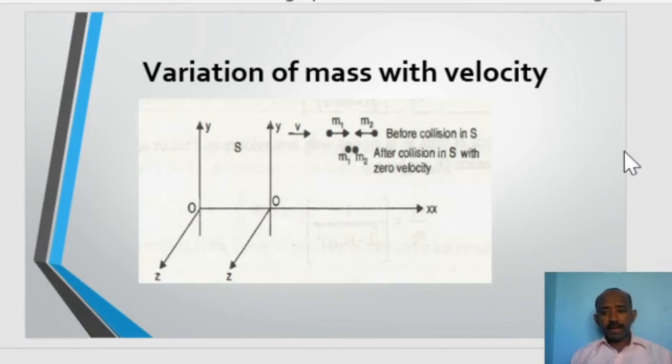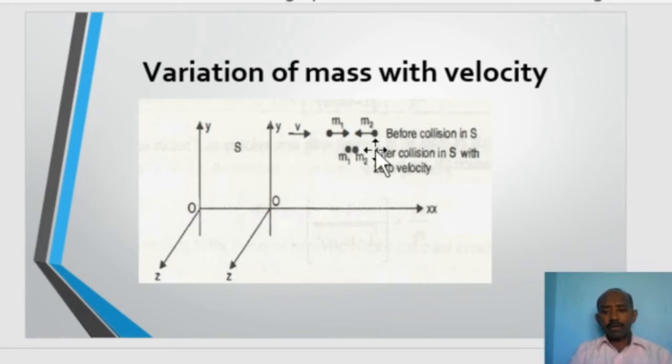In this diagram, we can easily observe that there are two frames of reference, S and S dash. The observer is at point O and O dash. There are two particles or two bodies, which have the masses m1 and m2, moving opposite to each other.